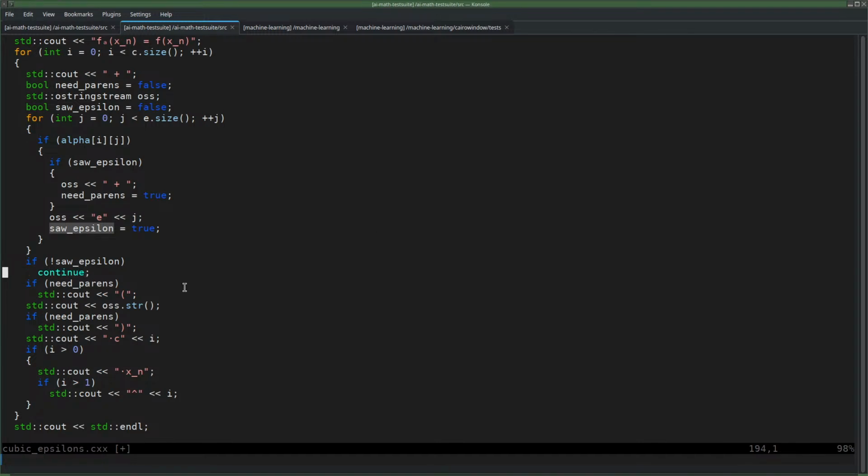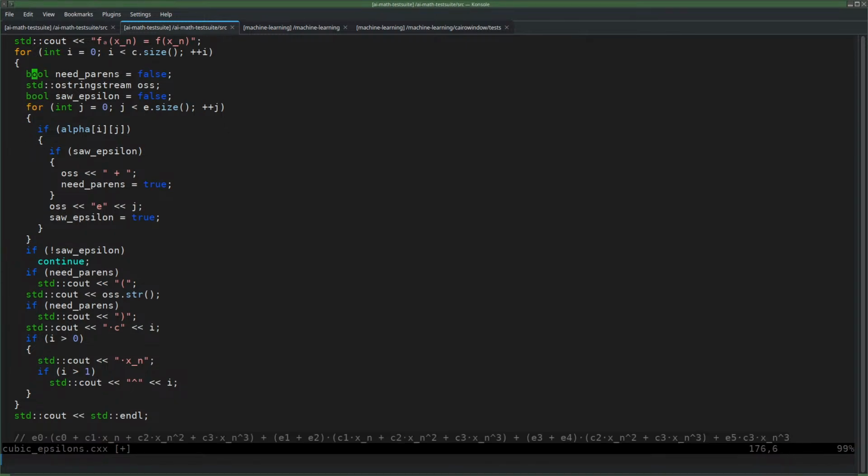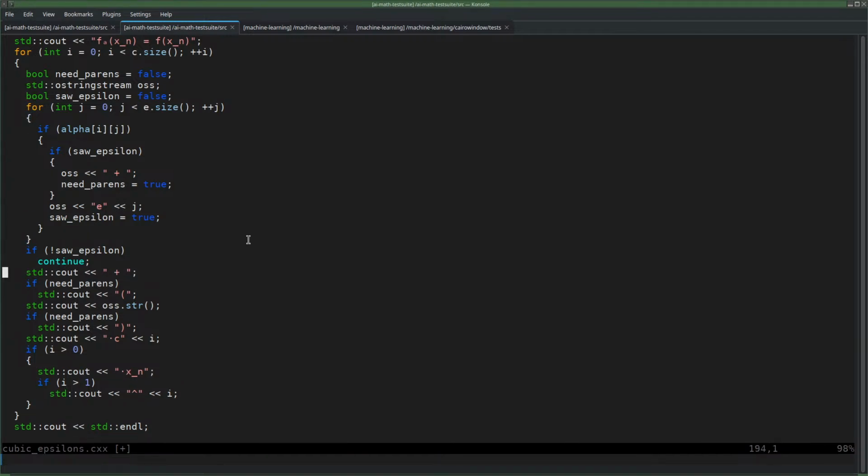Now we didn't print anything except this plus, which is then no longer correct. Now this prints only to the output stream, so I just drop that here, and then it works. If we saw at least one epsilon, then we print the plus. And if we need parentheses, if we saw multiple epsilons, then we do the parentheses, and we print the output stream between the parentheses.